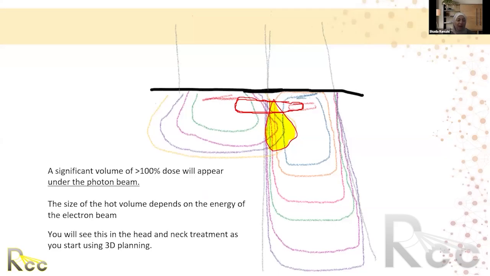And because we have a spinal cord here, this is my spinal cord, we cannot keep delivering with photons, so we have to switch to electrons. Any gap you create along the skin will give you underdosage for your PTV. And I showed you that barely 2 millimeter gap gave me this dip in the 2 gray.